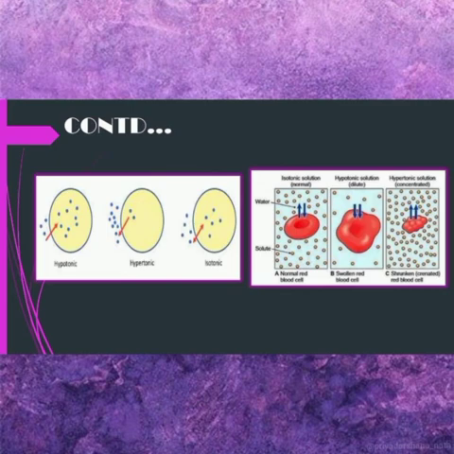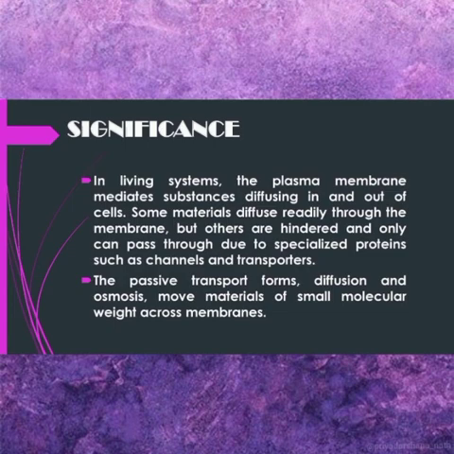When cells and their extracellular environments are isotonic, the concentration of water molecules is the same outside and inside the cells. So water flows both in and out, and the cells maintain their normal shape as well as their overall function.